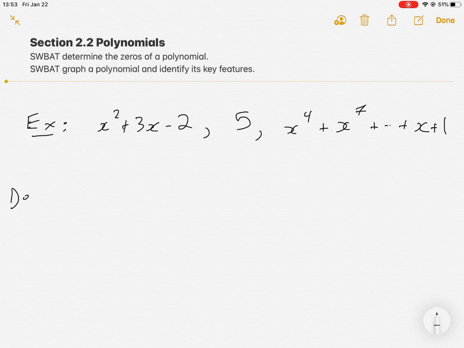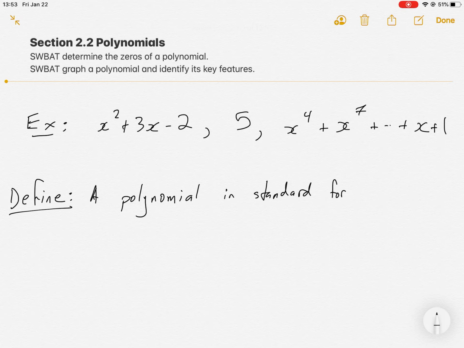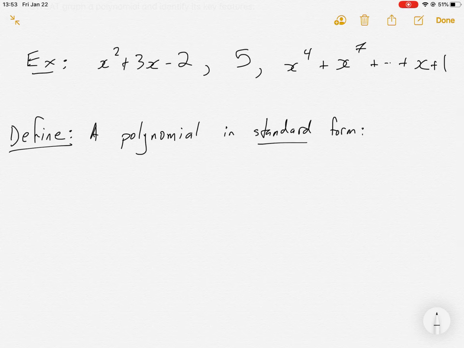Now, to start off with, I just want to mention that we'll be using something called standard form. So we're all aware of what we're talking about: if a polynomial is in standard form, that means its highest power of x comes first with whatever its coefficient might be. We'll call that a sub n for now.